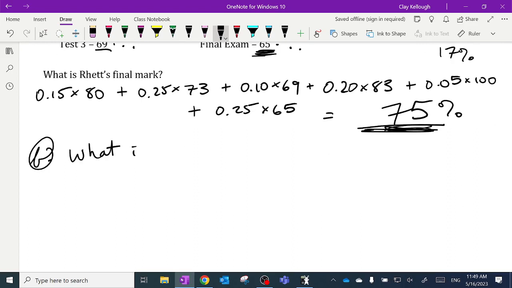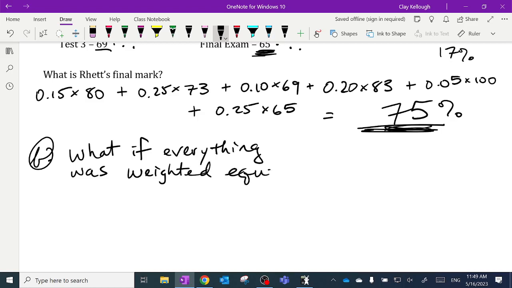What if everything was weighted equally? Question mark. Okay, thanks. So let's see.